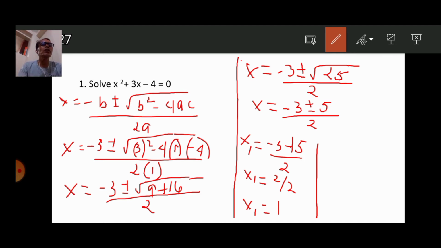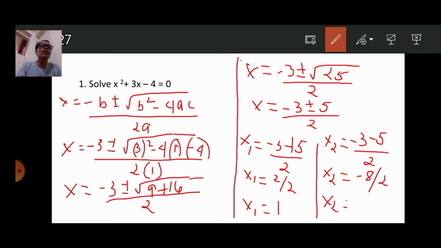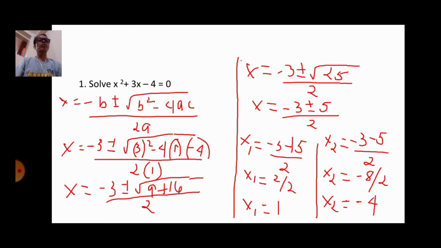The other one, x sub 2, is equal to negative 3 minus 5 over 2. So x sub 2 is equal to negative 3 plus negative 5, which is negative 8, over 2. Therefore, x sub 2 is equal to negative 8 divided by 2, which is negative 4. So, x sub 1 is 1, x sub 2 is negative 4.